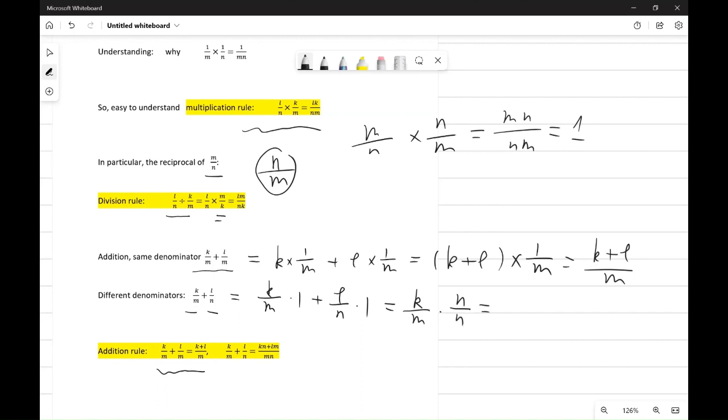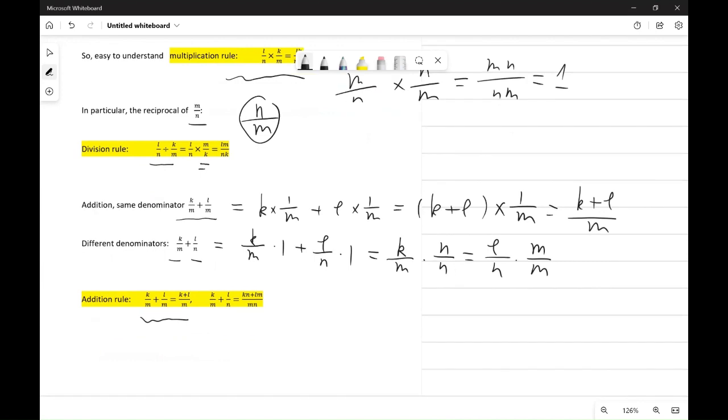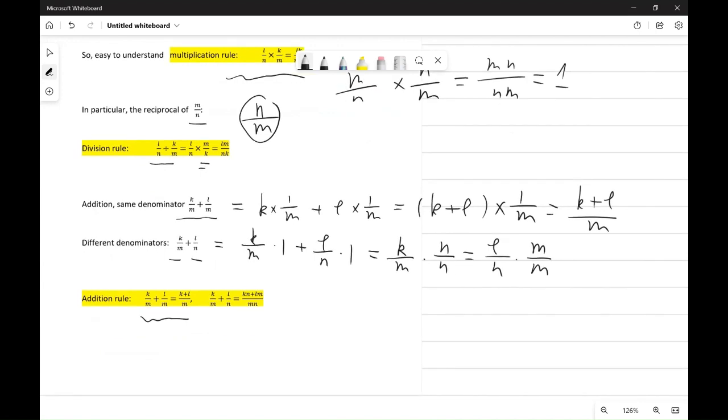The second one, we can write as l over n multiplied by m divided by m. And therefore, we have k times n plus l times m, over the same denominator, which is m times n. This is summarized as the second addition rule.